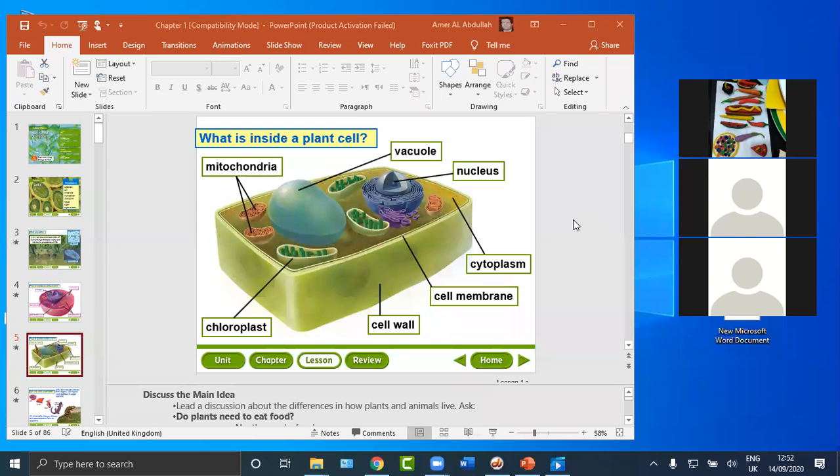Page 26. Open your book, page 26. Are you open?